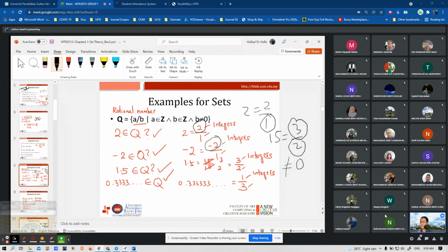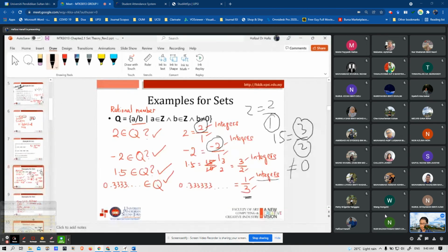Then we have 0.33, also integer over integer, because 0.33 is a rational number and the denominator must not be 0.